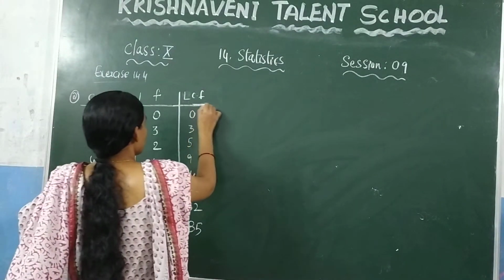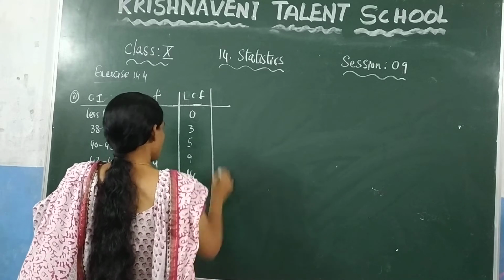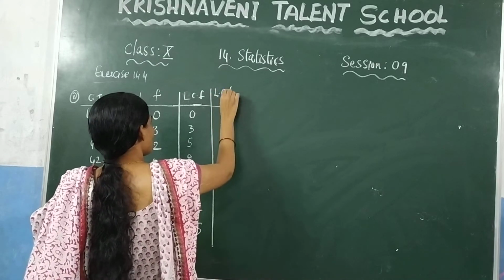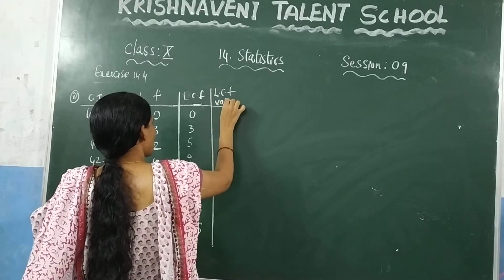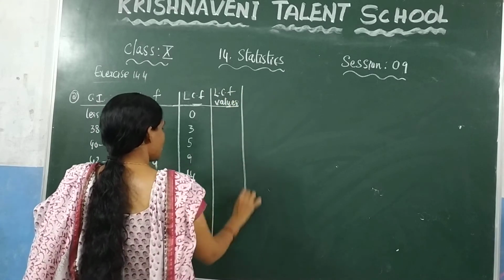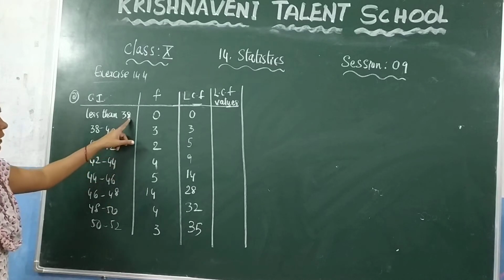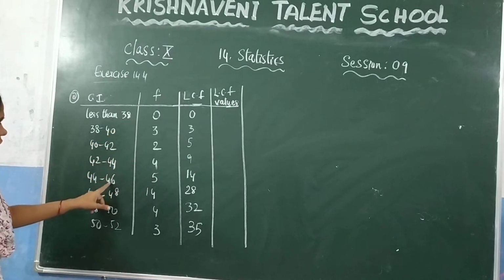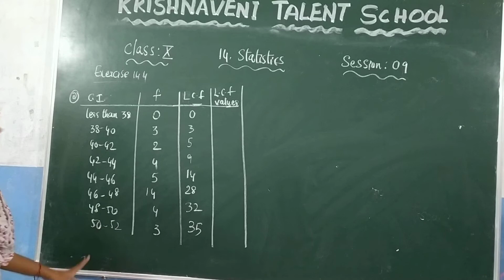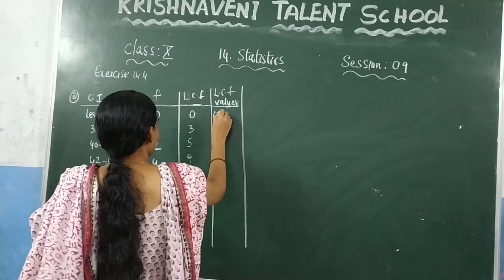Now to represent the less than cumulative frequency values, what we need to do is take the upper limits on the x-axis and less than cumulative frequencies on the y-axis. What are the upper limits here? 38, 40, 42, 44, 46, 48, 50, 52.